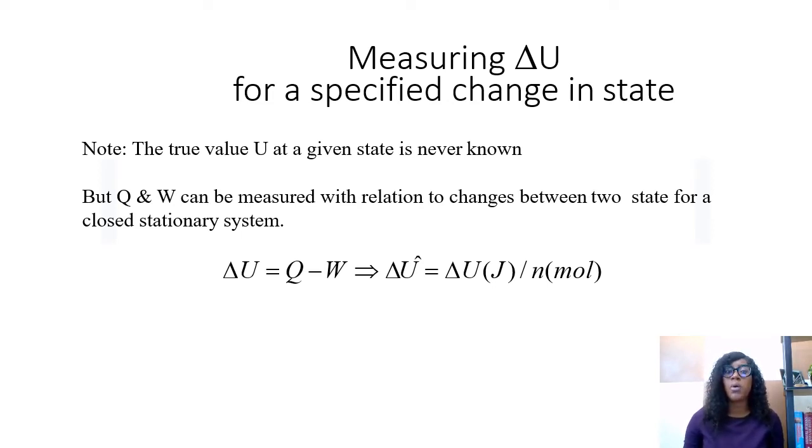However, both heat and work can be measured in relation to the different states for a closed stationary system. And from that, we get that delta U is equal to Q minus W. So if we have both our heat and our work, we can calculate the change in our internal energy.